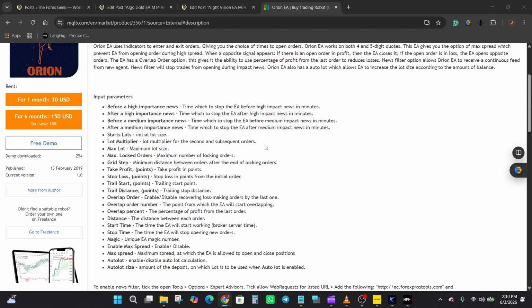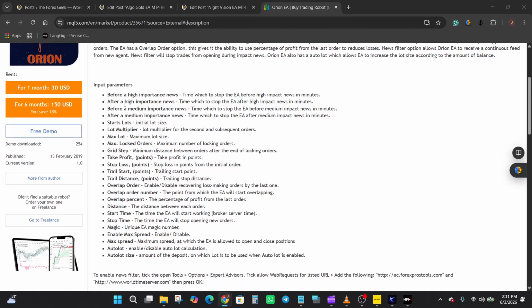There is also an overlap order function, which uses a percentage based recovery approach from the last trade to help manage drawdowns. We also have auto lot sizing, grid distance settings, trailing features, and full control over stop loss, take profits, and maximum lot exposure.